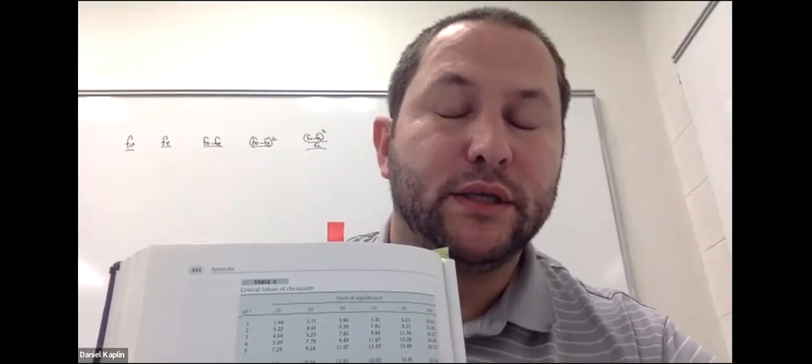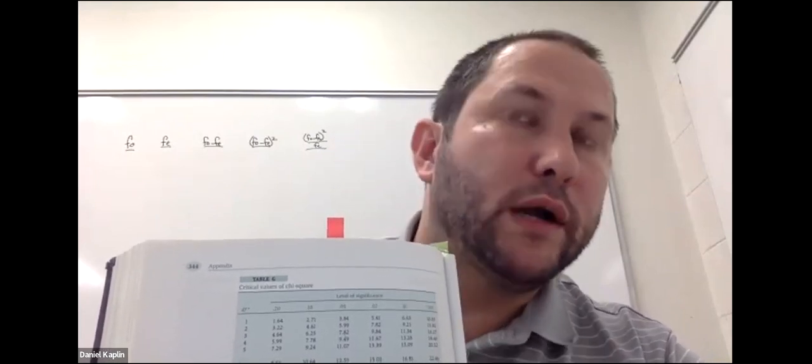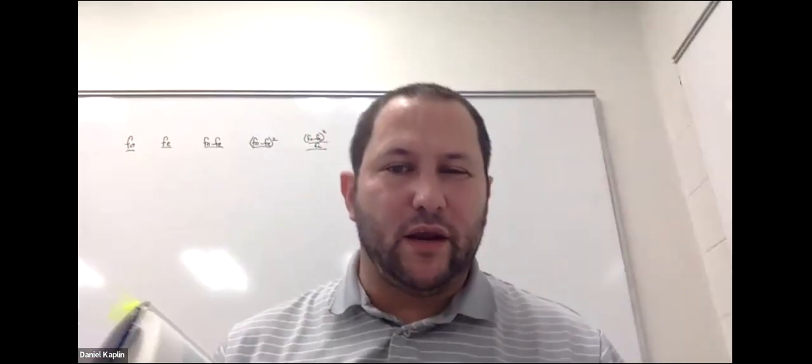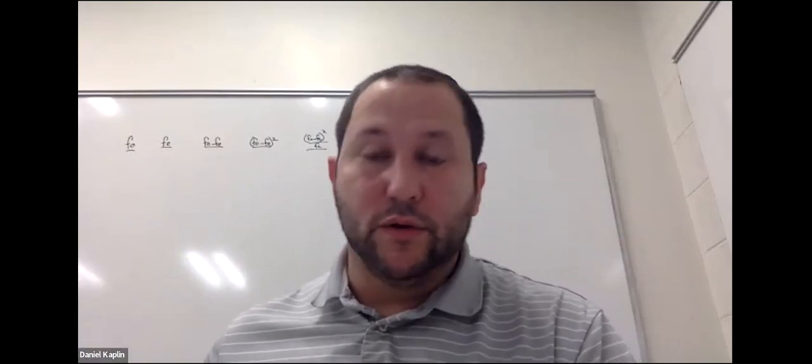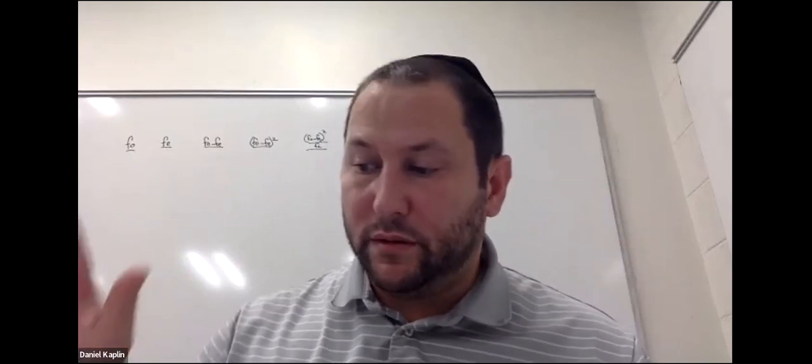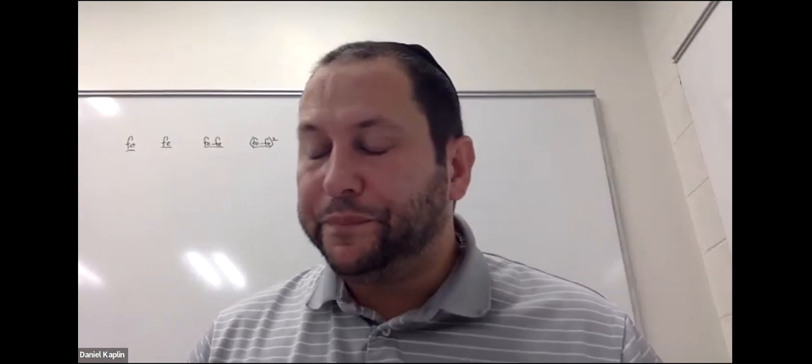Now, with a one variable problem, we say that the degrees of freedom are the total number of categories minus one. So if I had three categories, we would say 3 minus 1. If I had 4 categories, I would say 4 minus 1. So whatever the number of categories are, that helps me calculate the respective degrees of freedom to get the critical value.